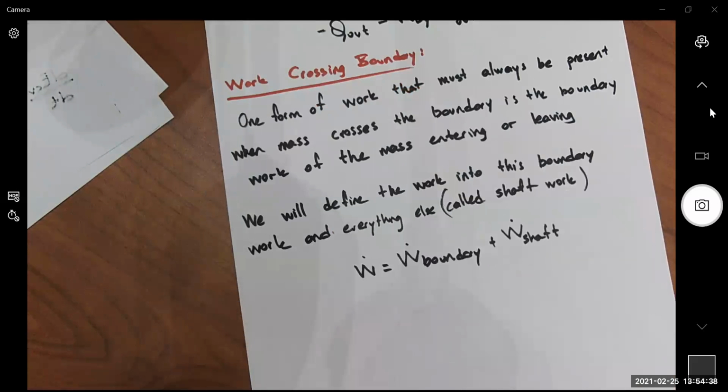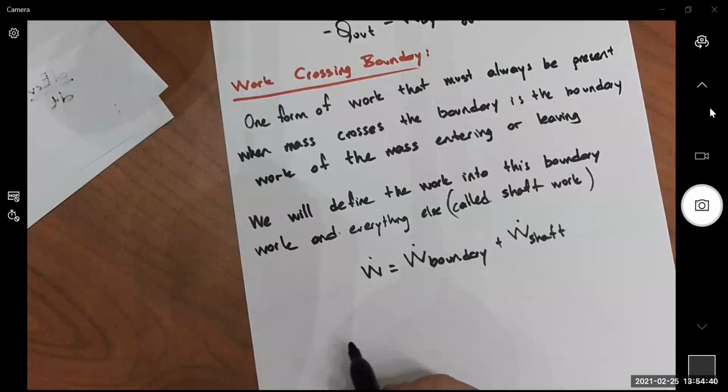So work boundary caused by mass passing the boundary can be demonstrated. Let's put it this way.